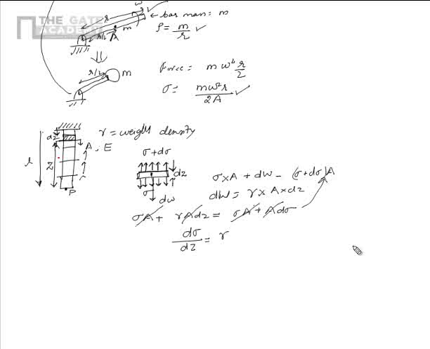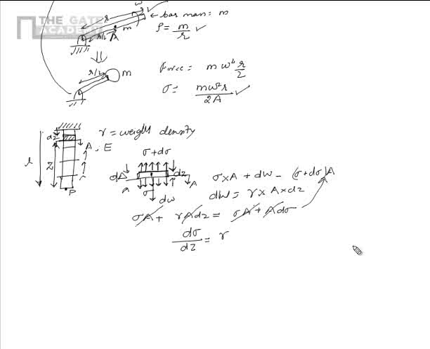Now let's see, this is a section which we are studying right now. This is section AA. Over here the stress is sigma. Now let's say that the deformation in this small segment is d delta. That's the change in the length of its original length, so the dz becomes dz plus d delta.